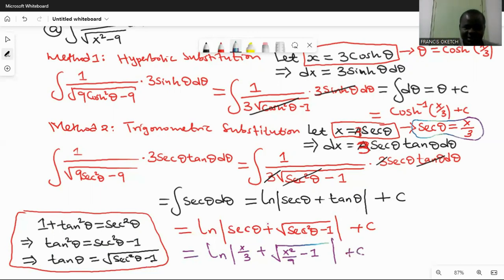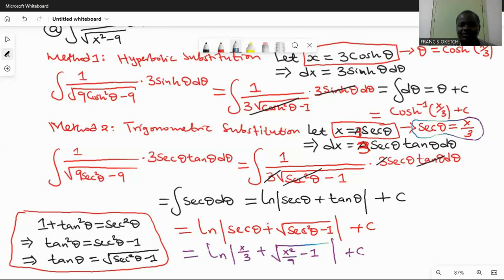So look at these two methods. For me, I find method 1 very easy because it doesn't take a lot of time. Method 2 will consume some of your time, but just like I told you, choose a method that is easier for you. You'll still get the same answer. The answer we got in method 1 was cos hyperbolic inverse of x over 3 plus c.